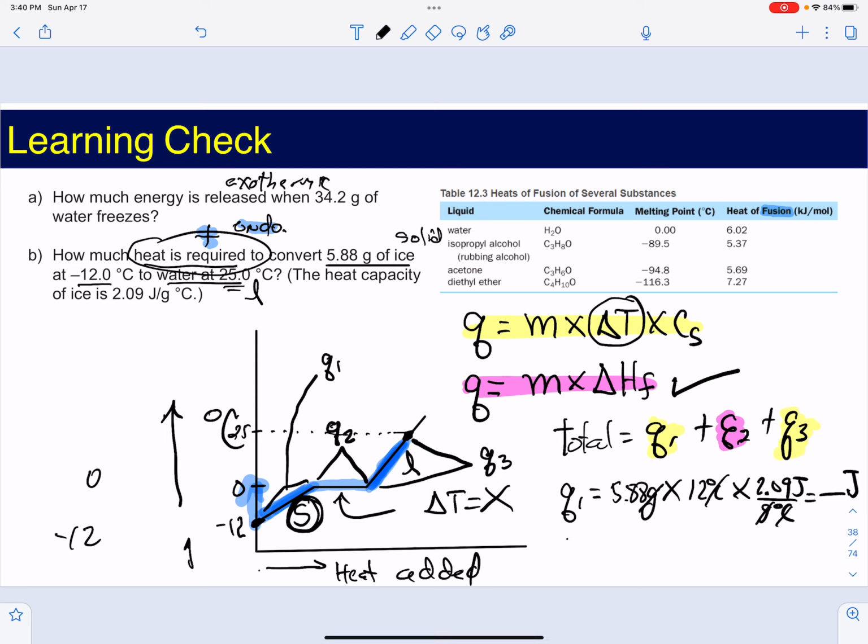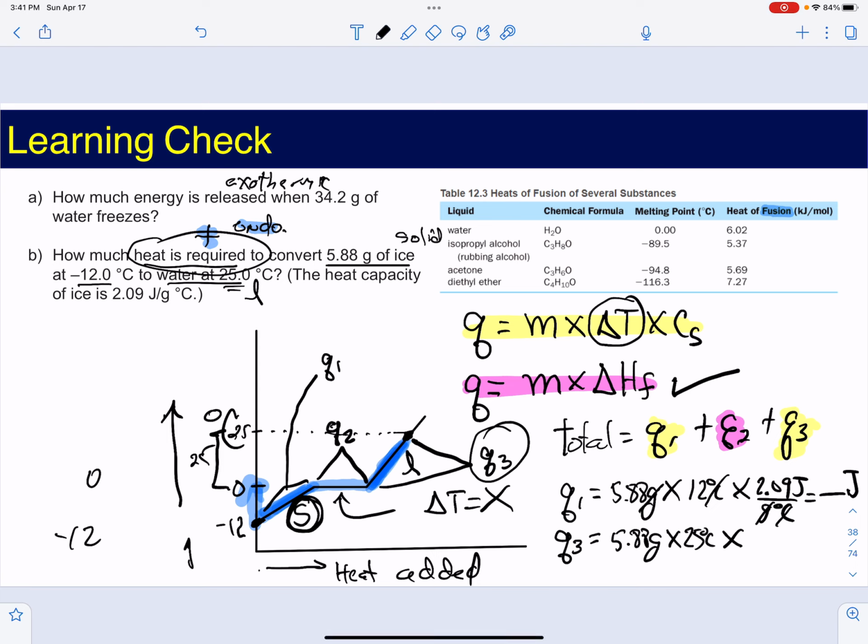For Q number 3, same formula. The mass hasn't changed. However, the temperature went from 0 all the way to 25. So your delta T is 25 degrees Celsius. And for Q3, we are not dealing with the solid anymore.